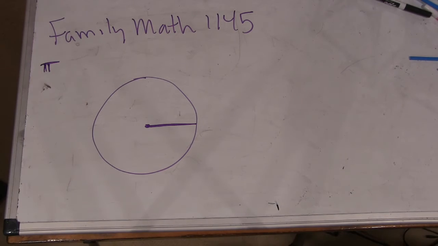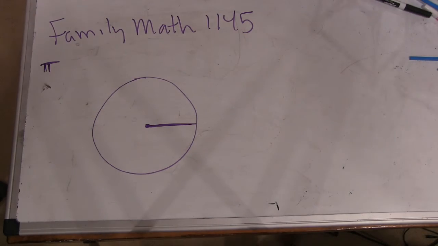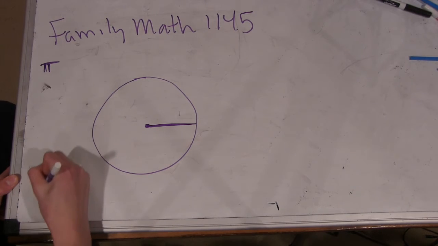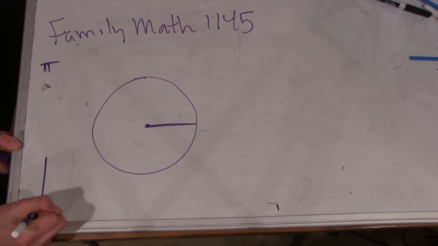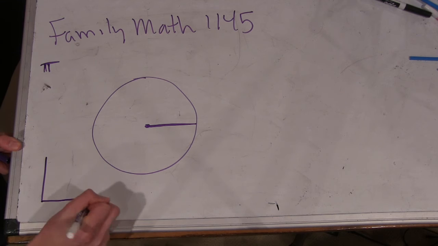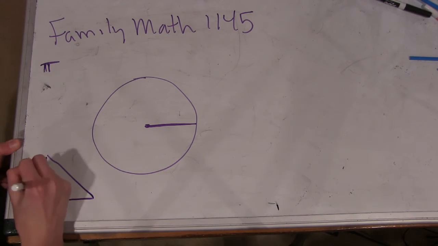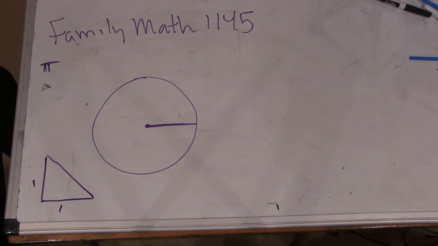Another problem that didn't make sense was finding the hypotenuse of a right triangle with legs 1. And the hypotenuse is never rational, when the legs are rational.